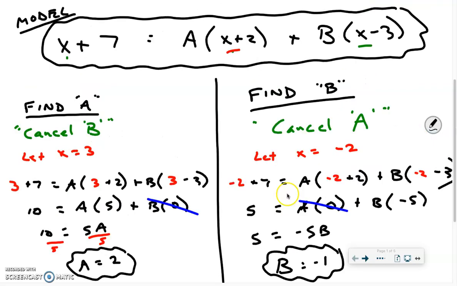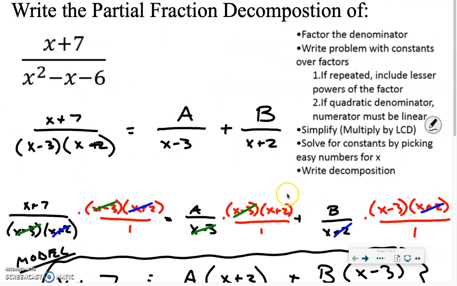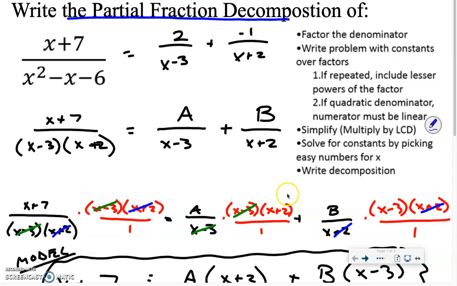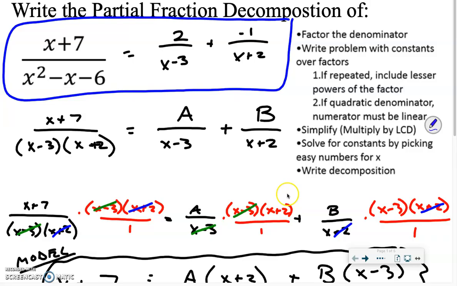If A was 2 and B was -1, we come back here and rewrite where I had an A: 2 over x minus 3, plus B, which was -1, over x plus 2. And this is what we refer to as a partial fraction decomposition. We have the original equals, and we break it down that way.